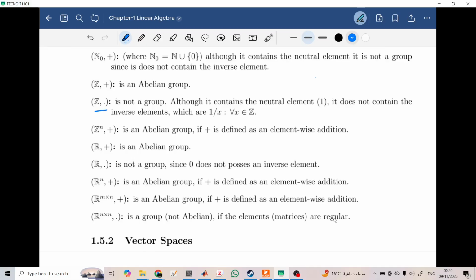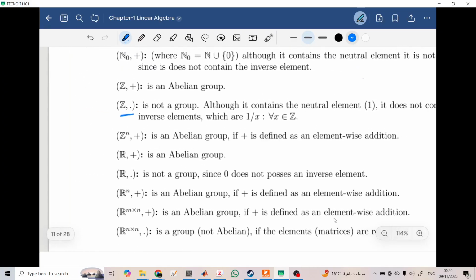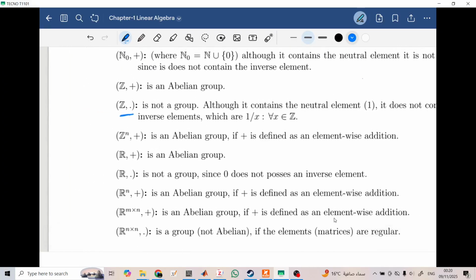Okay, now Z. So what is it? Let's write it here. Z is N positive with N negative with the 0.